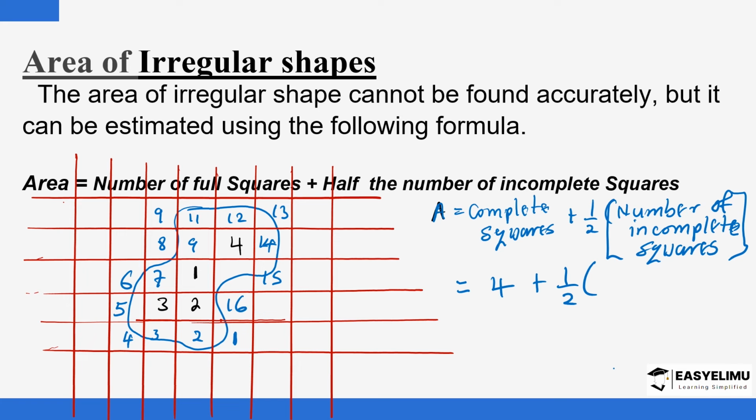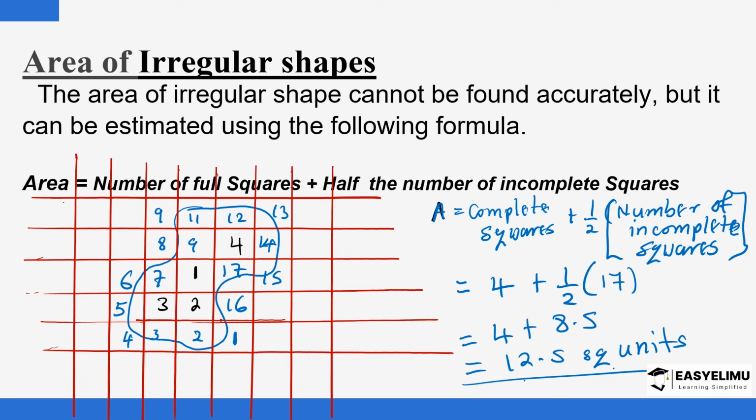So incomplete squares there are 16. Actually, there is another one here. There is 17 here. Yes, so actually there are 17 of them. So this is going to be 4 plus 8.5, and that is going to be 12.5 square units. Remember, area is measured in square units.